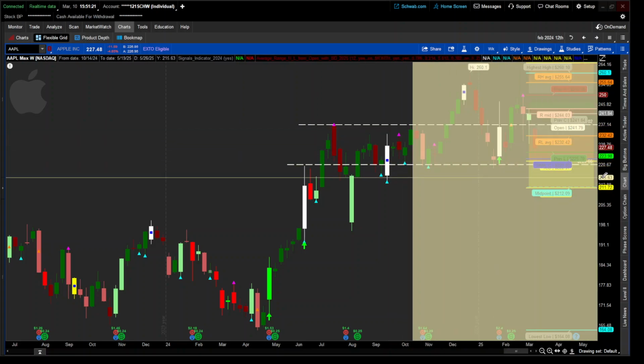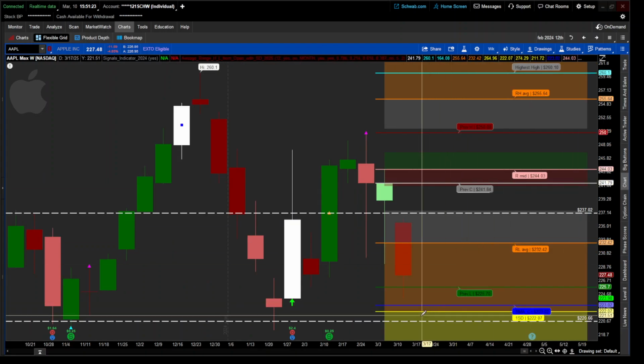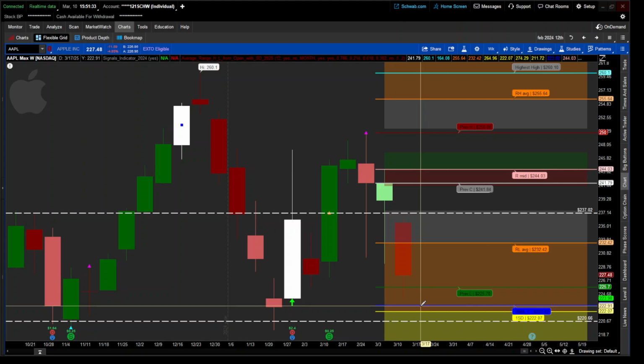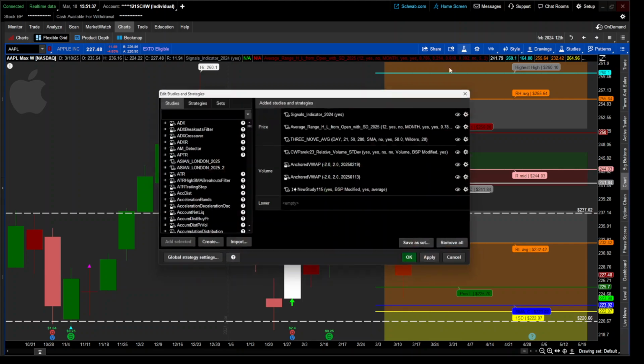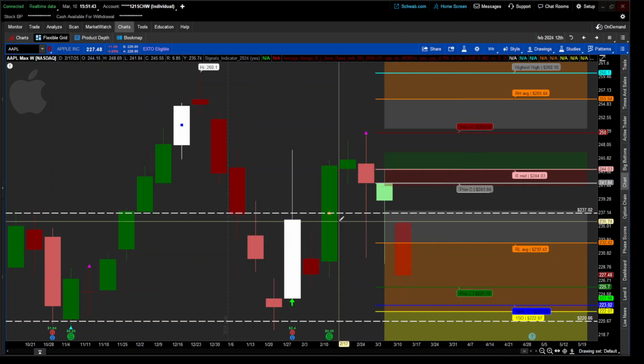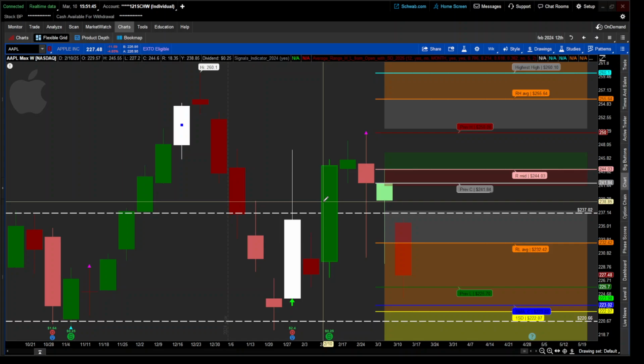I kind of see it possibly coming back down, retesting this 220 right here. But right now it's testing its previous month's low of 225.70 to possibly come back down here. Let me make sure one other thing. Yeah, BSP modified. So that's Apple.